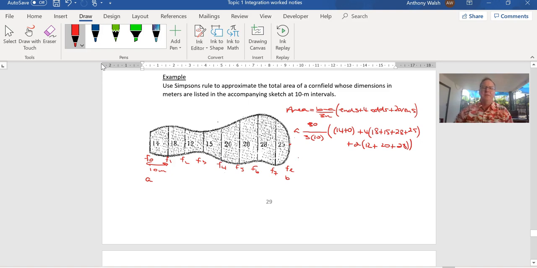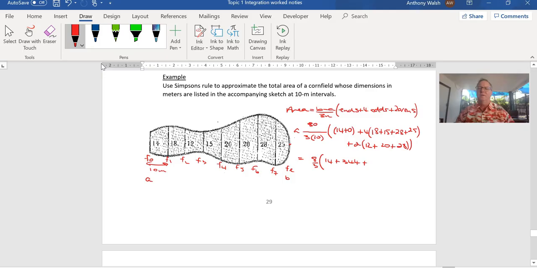Now, if I simplify that, 8 divided by 10 is 8, so that will be 8 on 3. 14 plus 0 is 14. 4 by 18 plus 15 plus 20 plus 25 is 344, I'm thinking.